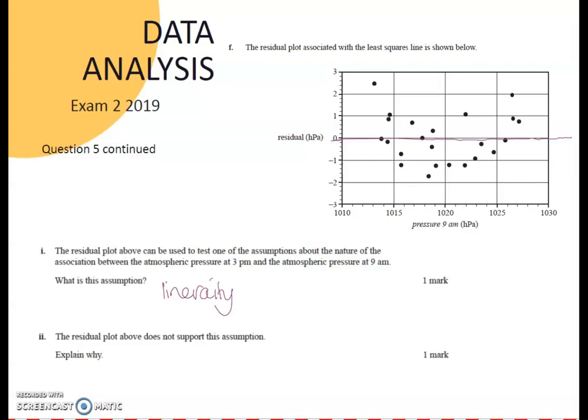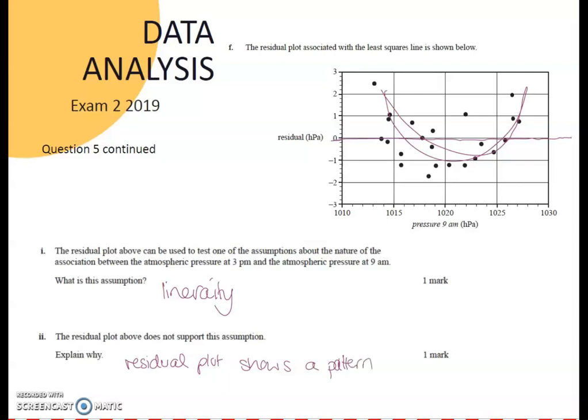Here we have a pattern, so we've got a bit of a curve, a bit of a U-shape happening. So that tells us my data is not linear, and therefore I would need to do a data transformation if I was working further with this data. Okay, so when we're asked to explain why, it's because the residual plot shows a pattern.